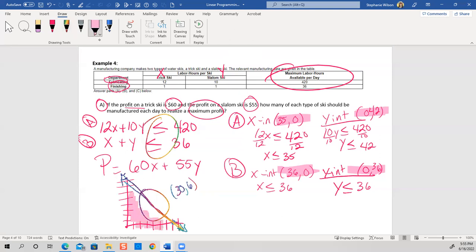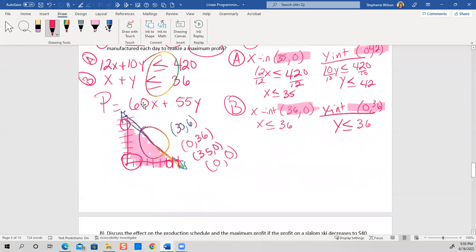So all the points below them, we're going to shade. Then that means we need to use the ordered pairs that are closest to the shaded area, and that's going to be (0, 36) and (35, 0), and since (0, 0) is part of the region too.